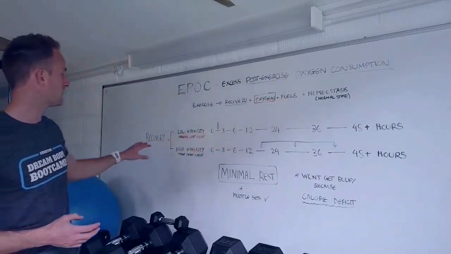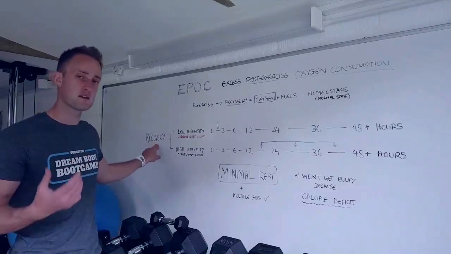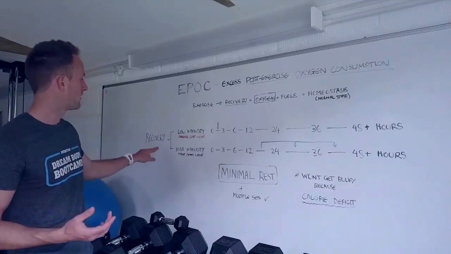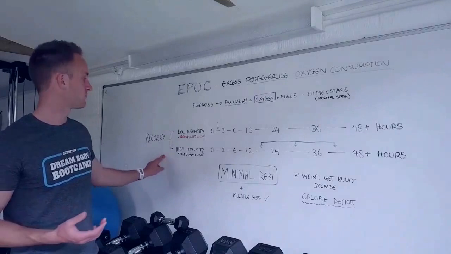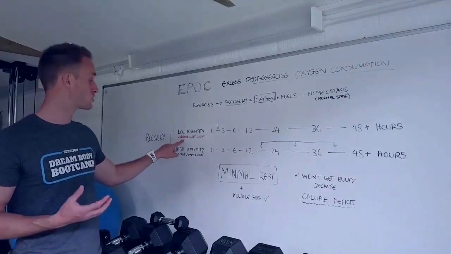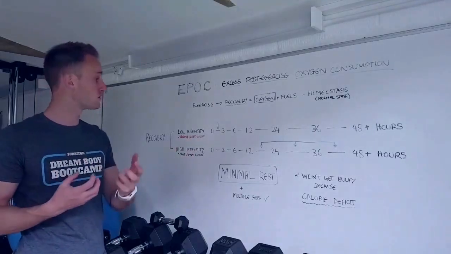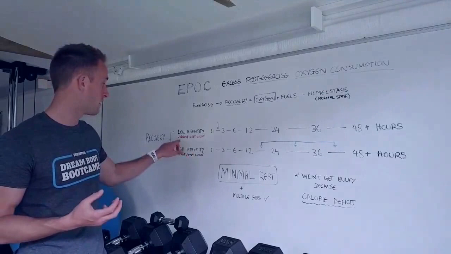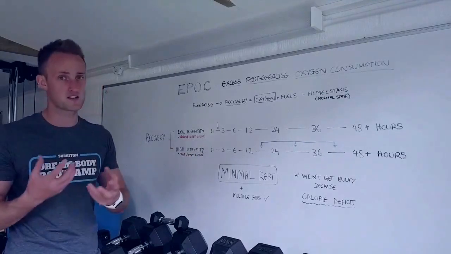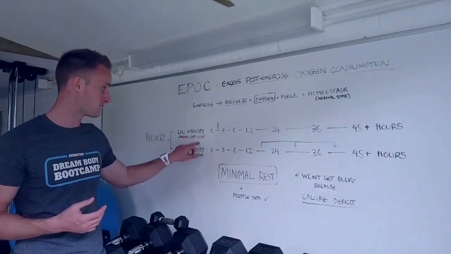Now we need to look at the time it takes to recover from different kinds of exercise. Low intensity exercise, we can think of as jogging or maybe the use of light weight. A lot of fitness classes you could term low intensity exercises. It may not seem low intensity at the time, but when we talk about high intensity, you'll understand why.